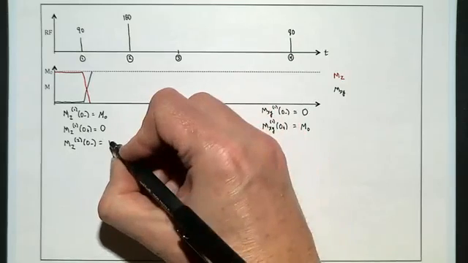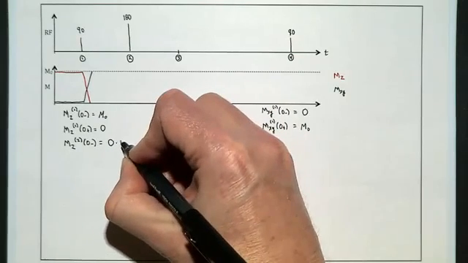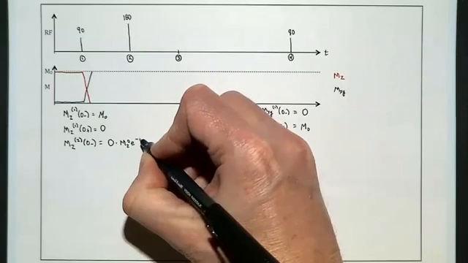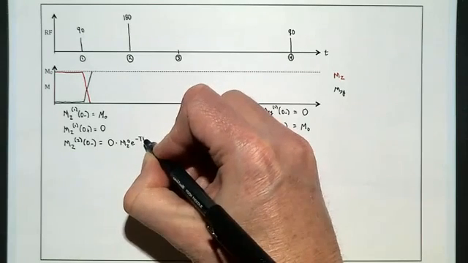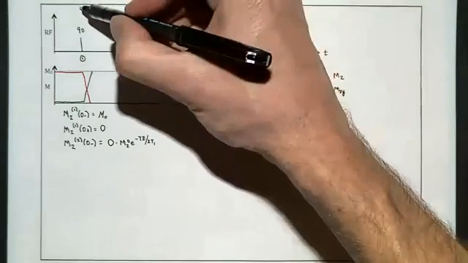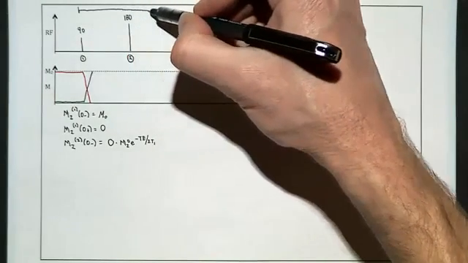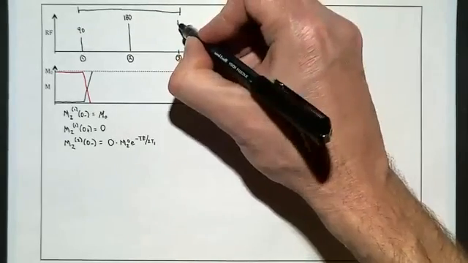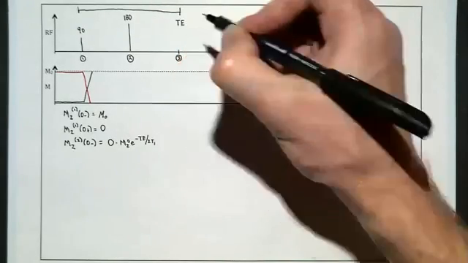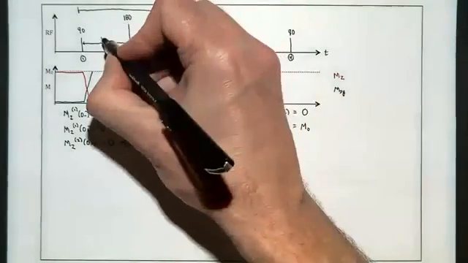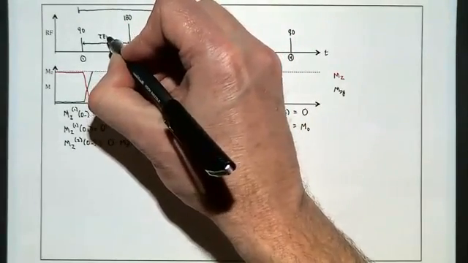We have something that looks like 0 times M0 e to the minus t over 2 T1. I should define some times here. This time up to time point 3 will be my TE. And by definition, the time between the 90 and the 180 is TE by 2.